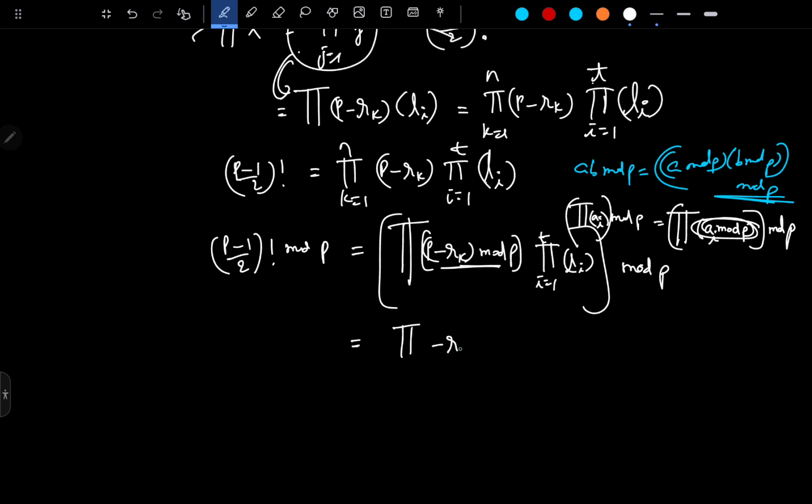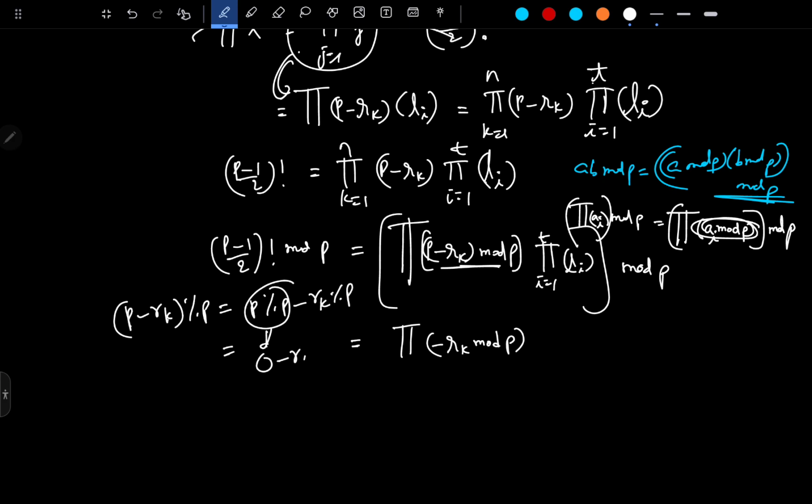Pi of minus rk mod P. You know why it happens? P minus rk mod P equals P mod P minus rk mod P. P mod P is 0, and rk mod P, so I have written that minus rk mod P.